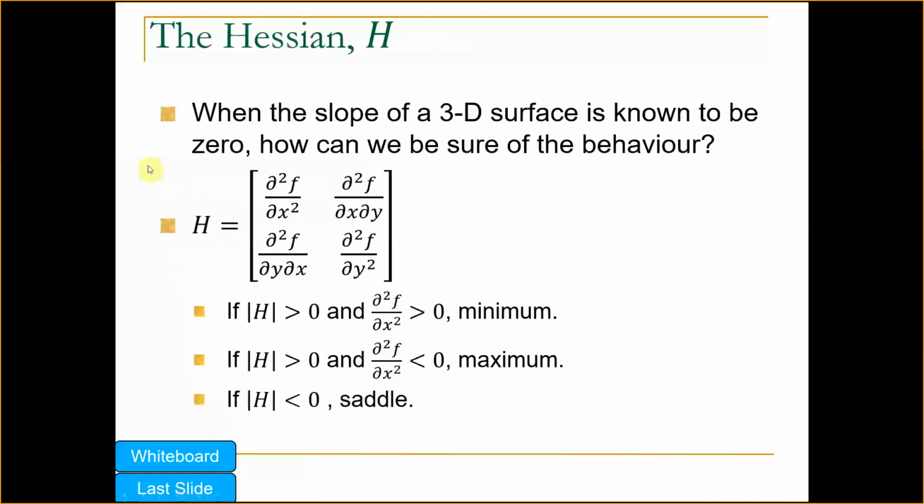Now, in 1D problems, I mean one independent, to determine if you have a minimum or a maximum, you just take the second derivative, and if the second derivative is a positive value, it's a minimum, good. And if it's a negative value, it's a maximum.